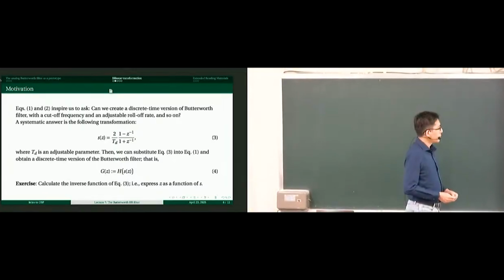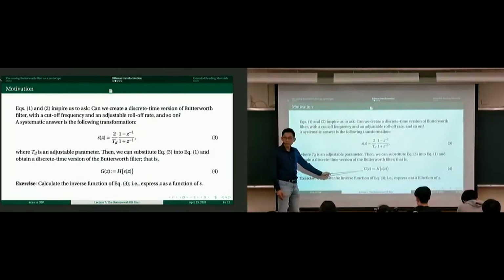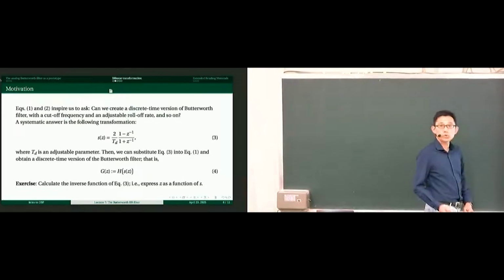That's just simply a definition, and T_d, as you will see, can be adjusted. With this transformation, we can go from analog to digital using this equation. Let's say H is the prototype.